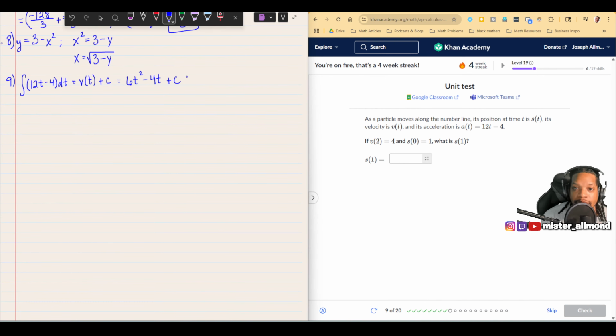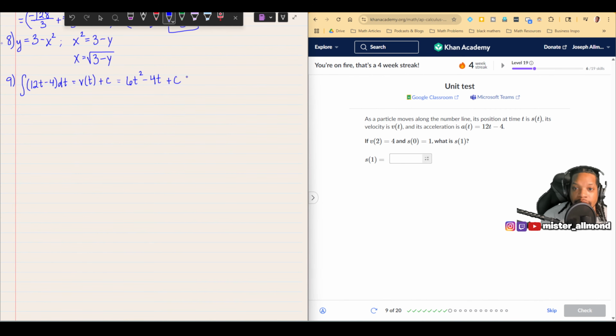So if that's v of t, and we know my velocity equals 4 whenever my t is 2, I can figure out c. So I'm solving for c right now, so I know my full velocity. Once I do that, I can integrate that from 0 to 1. So this becomes 4 equals 6 times 4 is 24 minus 8 plus c. Okay, so c should be negative 12.